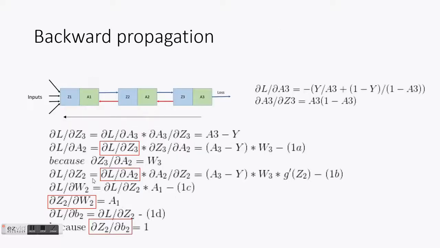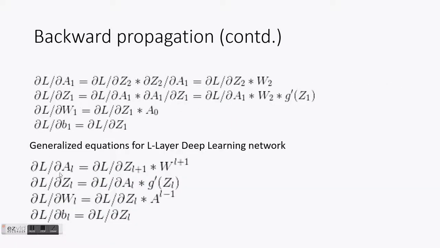So by just inspecting these equations, we can write them in a generalized form, where I take the number 1 as the layer L. Dou L by dou AL is dou L by dou Z(L+1) into W(L+1).